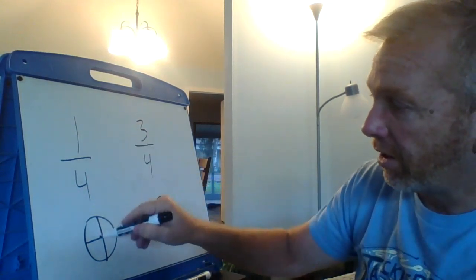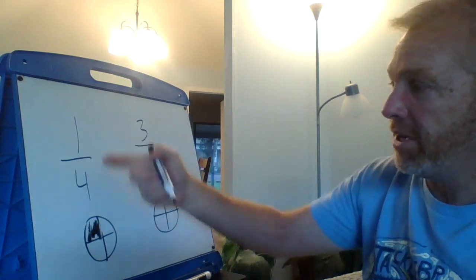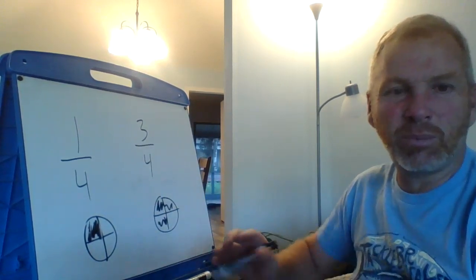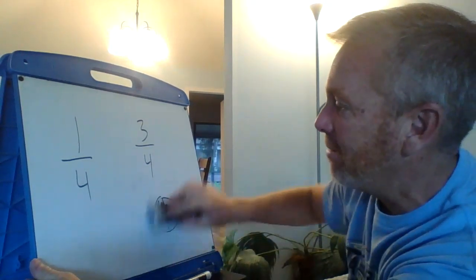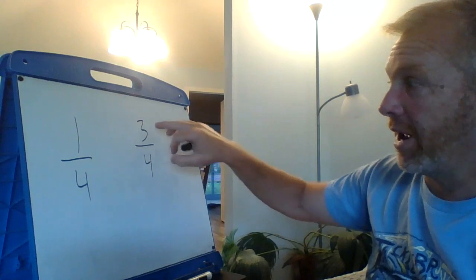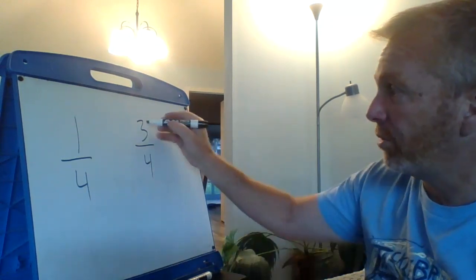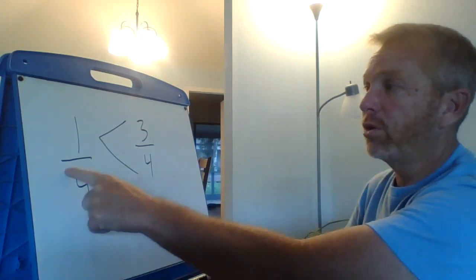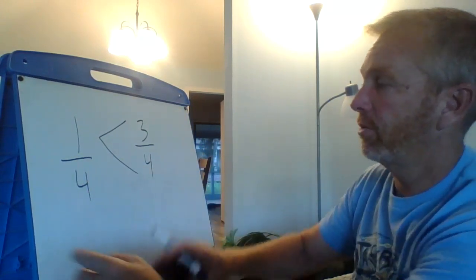This person has 1 piece of the 4 and this one has 3. Pretty simple. So when you have the same denominator, then it makes it easy. Then you just look at how many of the pieces you have. So we know that 3 is greater than 1. So 1/4 is less than 3/4.